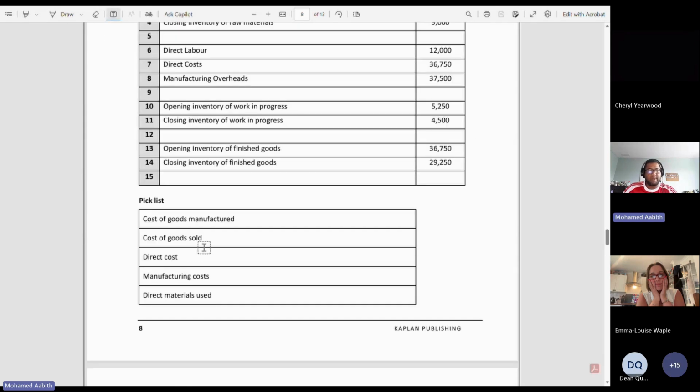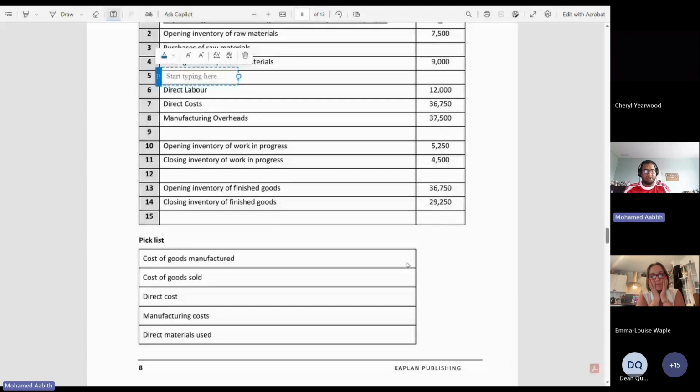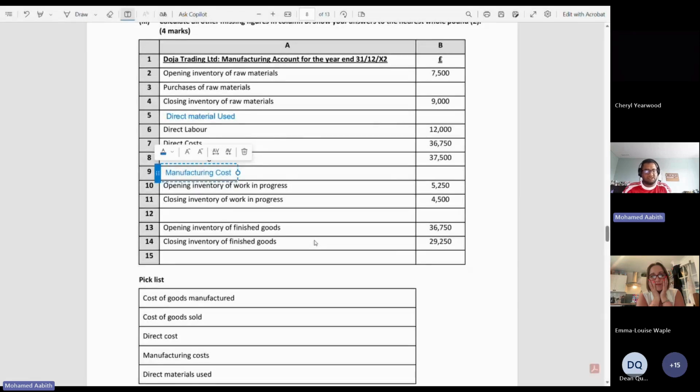So here on the pick list, they ask you what boxes we're going to fill in. The first one is direct materials used. Then the next one, in this scenario, we're going to say manufacturing cost.